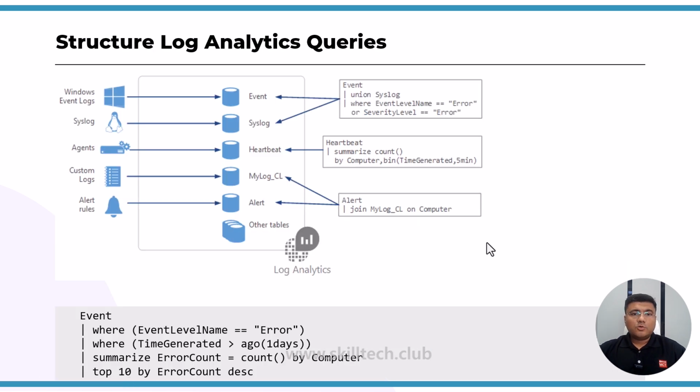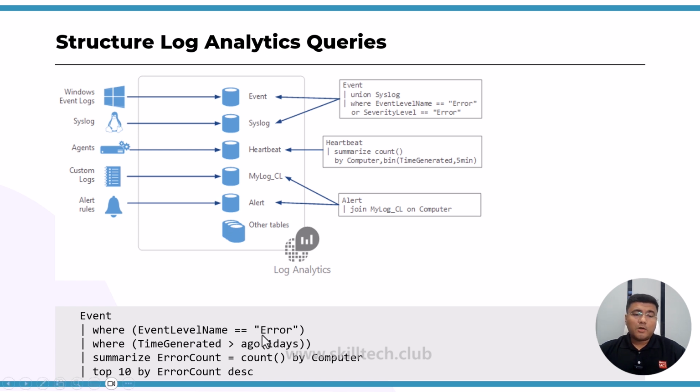This screen is actually showing you how exactly the log analytics queries are structured. Depending upon the resource and configurations, log analytics is going to store different event logs, system logs, the heartbeat of the particular health of that resource, or maybe some other configurations and alerts. When you configure this, KQL, the Kusto Query Language, allows you to write a query with this kind of syntax.